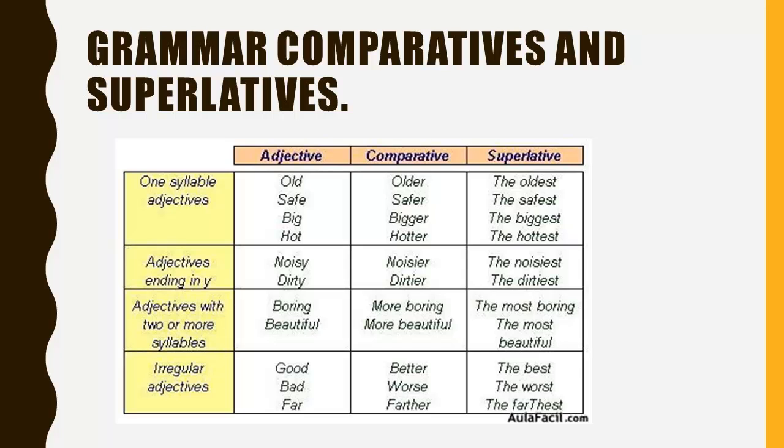Why? Because the word changes. For example, if the adjective is good, in the comparative you say better, and in the superlative the best. In the case of bad, in the comparative you say worse, and in the superlative the worst.